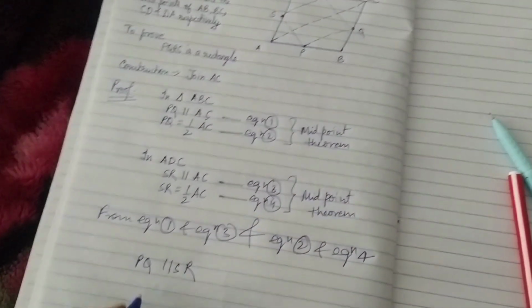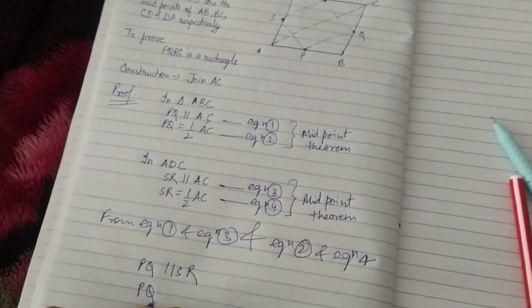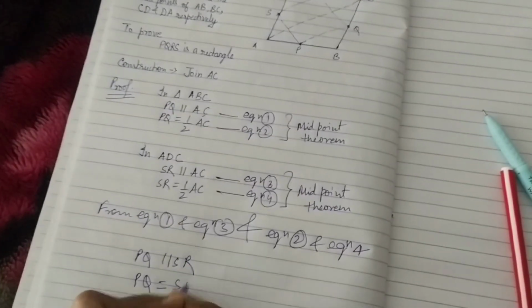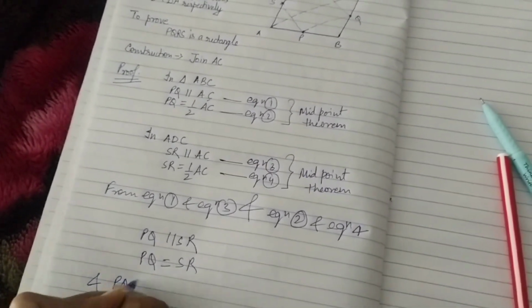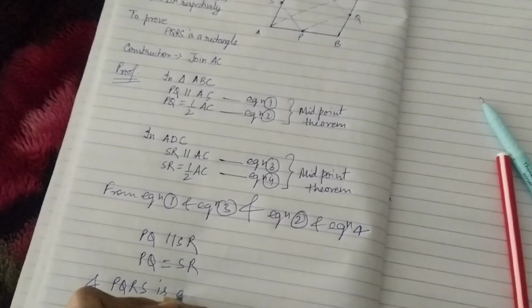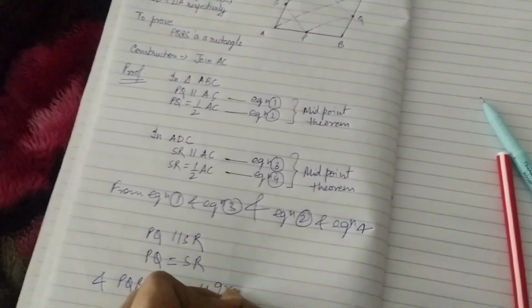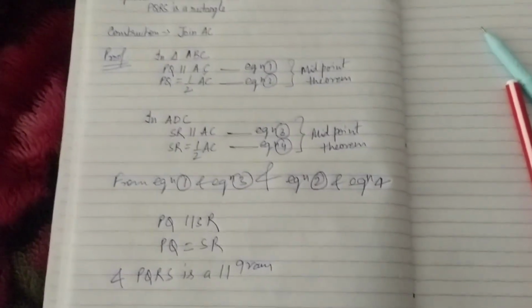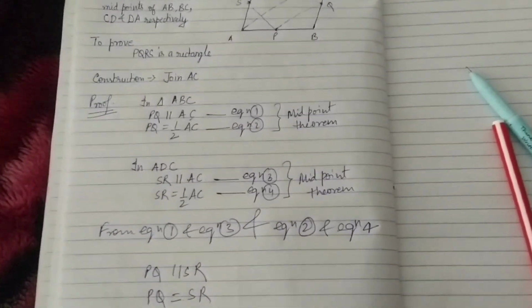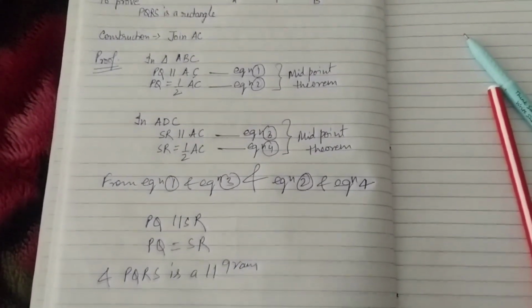PQ will be parallel to SR, and PQ will also be equal to SR, and hence PQRS is a parallelogram. So we have proved it from the midpoint theorem.